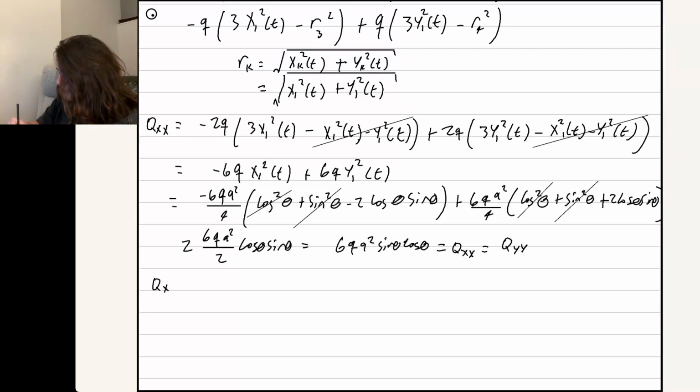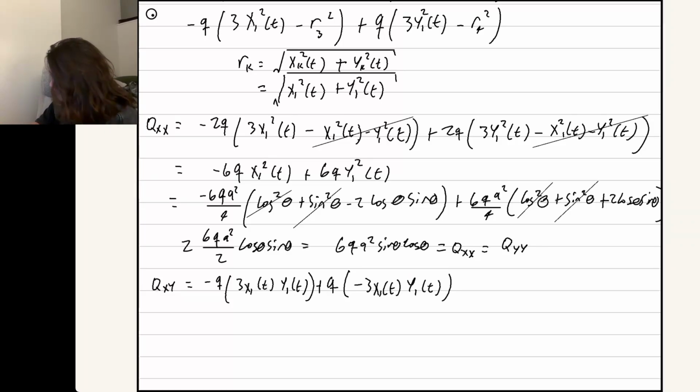The first one will be qxy, which is going to be just minus q. You'll have 3x1 of t, y1 of t, and then you have plus q, minus x1, and then positive y1. Those are the x and y positions of those guys. Okay, and then you have minus q.